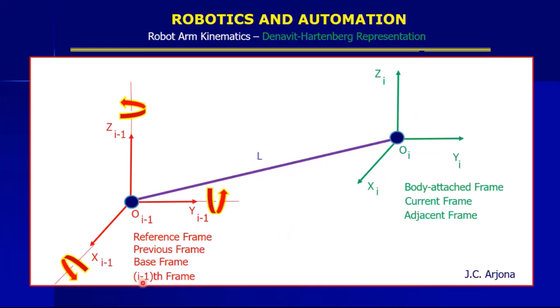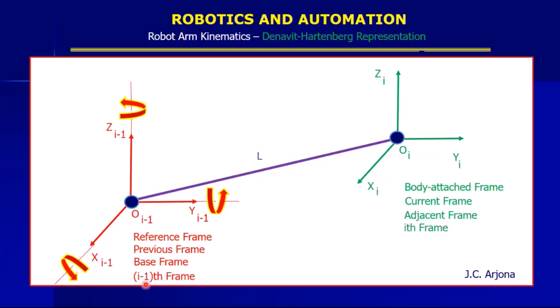And the frame which is previous or the reference is represented by the I minus 1 frame. And this is the ith frame. I represents the current frame. I minus 1 represents the previous frame.